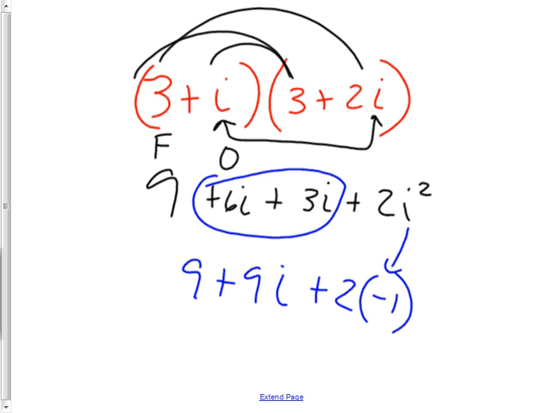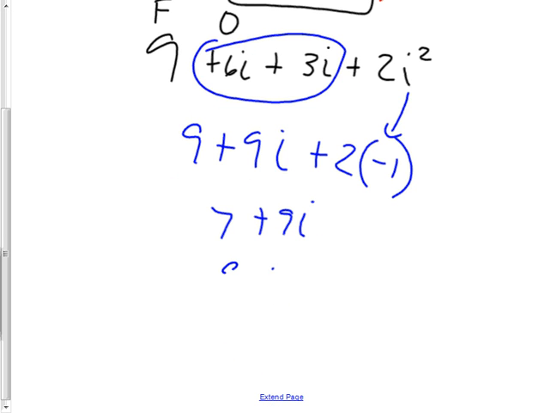That's what the ACT will be looking to see if you know. And then 2 times negative 1 makes negative 2, plus the 9 makes 7. 7 plus 9i. Now let me ask you, wouldn't that be the exact same thing as 9i plus 7? Pretty much, but one of them is the preferred way to write complex numbers. Do you think it's A or do you think it's B?